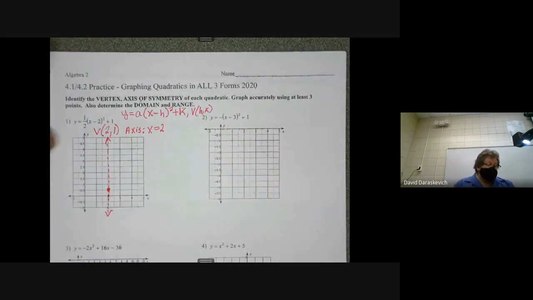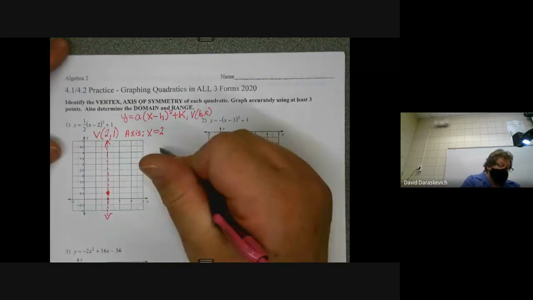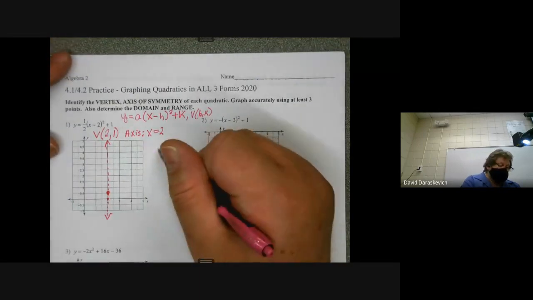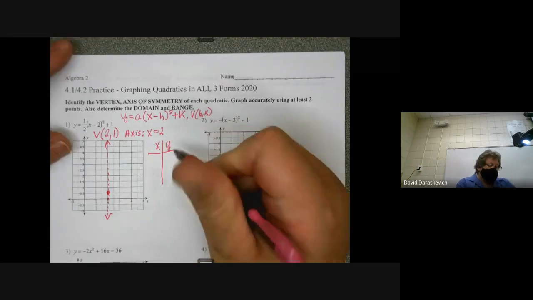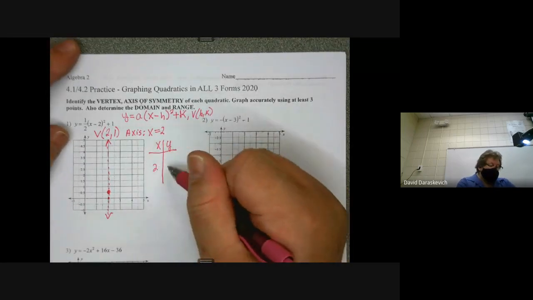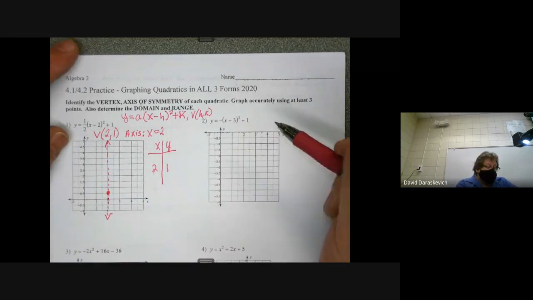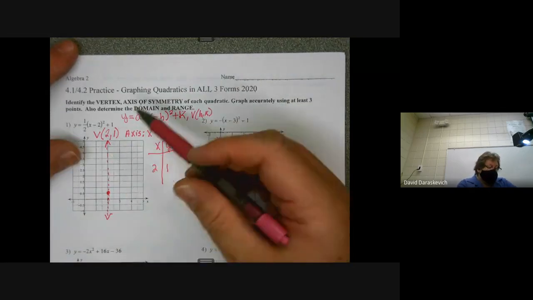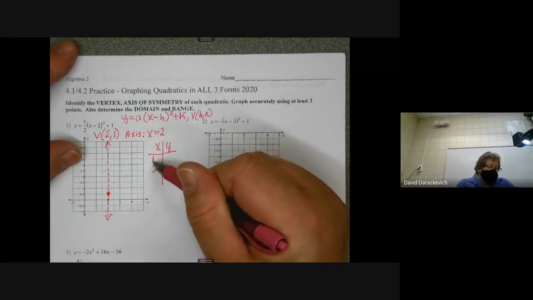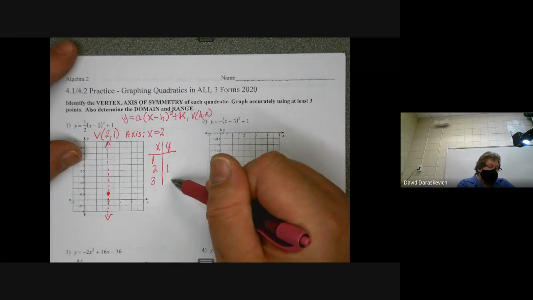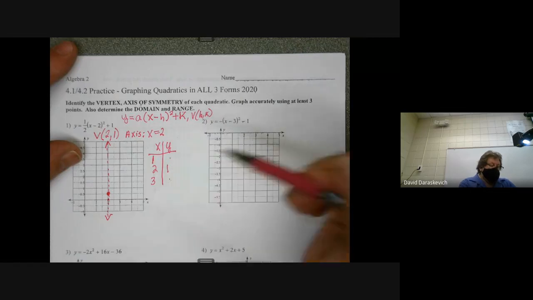And basically, you're supposed to get 2 other points to draw your parabola, but I'm claiming, here's my vertex, (2, 1), you only need 1 other point, for 2 reasons. If we get this one and figure out what y is, we're certainly going to know what y is when we get this one, because they're the same.